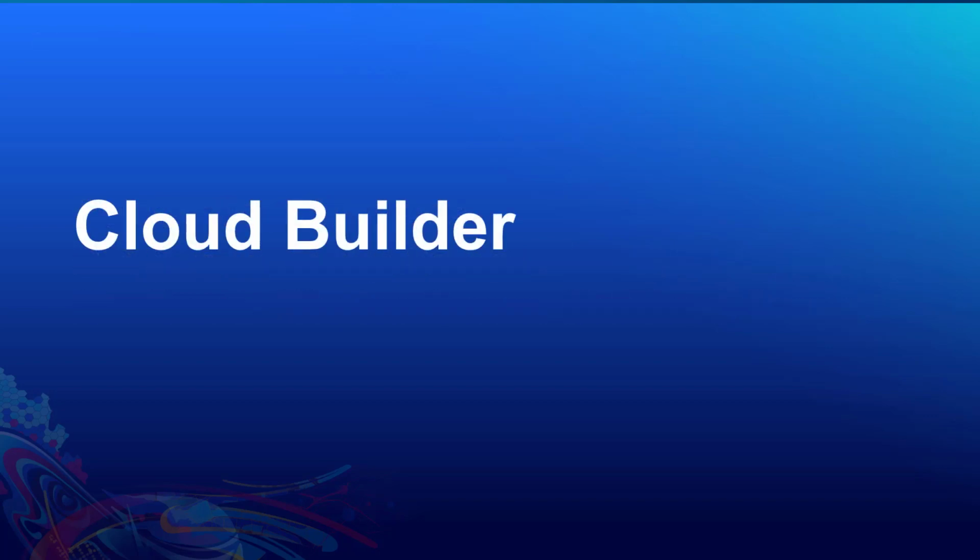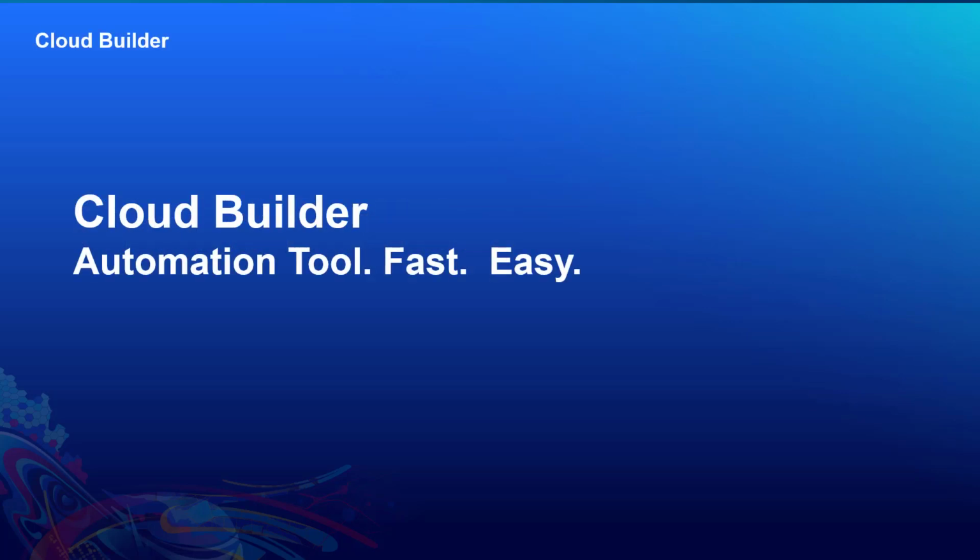Now, I'm going to just jump right in, like I promised, into deploying. And the first way I want to deploy, the one that everybody should know about, is the Cloud Builder. The Cloud Builder is the automation tool that makes it fast and easy to deploy both on AWS as well as Azure. Now, there are separate tools for AWS and Azure, but they provide the same functionality and purpose.